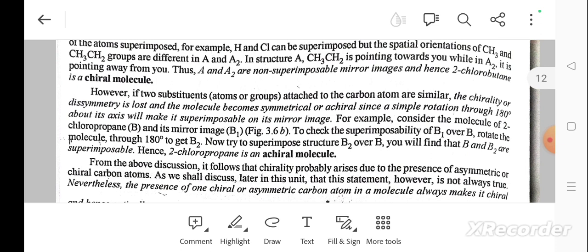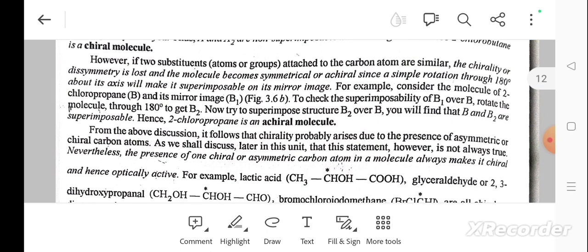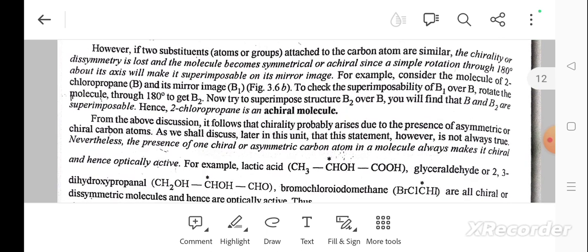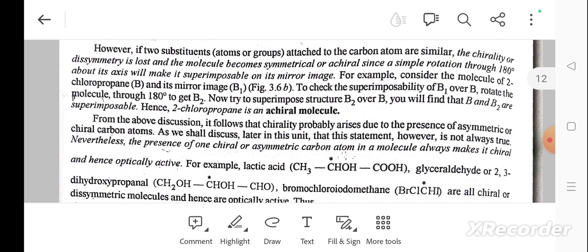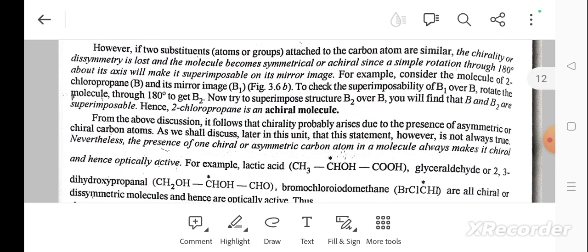For example, consider the molecule of 2-chloropropane B and its mirror image B1. To check the superimposability of B1 over B, rotate the molecule through 180 degrees to get B2. Now try to superimpose the structure of B2 over B. You will find that B and B2 are superimposable, since 2-chloropropane is an achiral molecule.